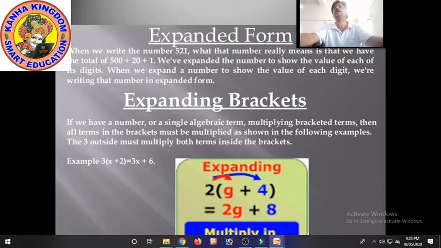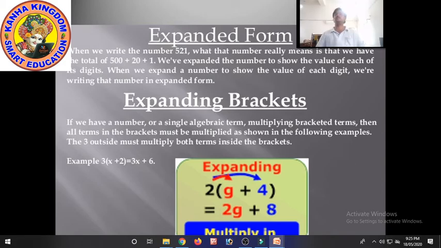We expand the number to show the value of each of its digits. When we expand a number to show the value of each digit, we are writing that number in expanded form.